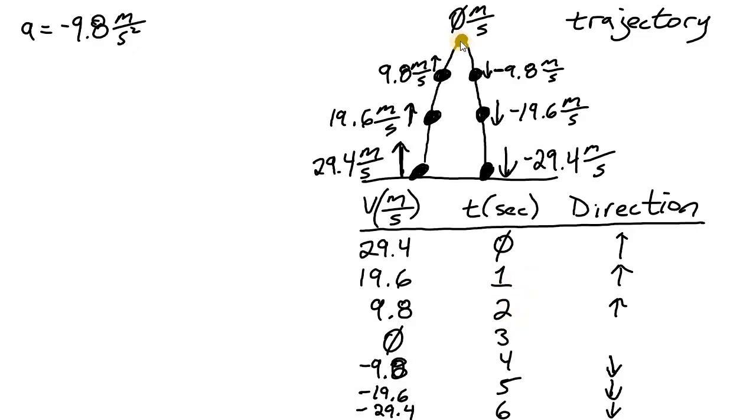And how much time does it take to go all the way down to the ground? 4, 5, 6. Another 3 seconds. So the time for the object to rise all the way up to the max height is 3 seconds, and the time for it to fall back down to the ground is another 3 seconds, for a total time of 6 seconds, right?